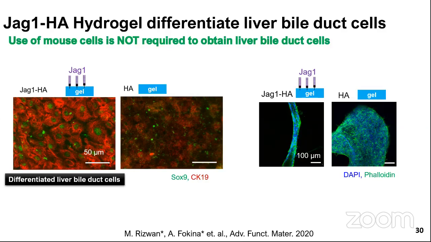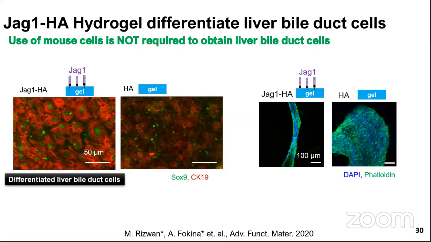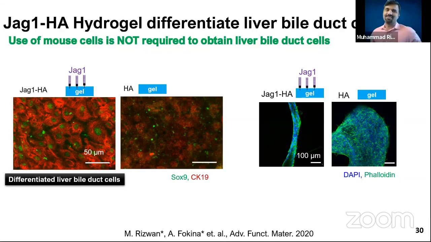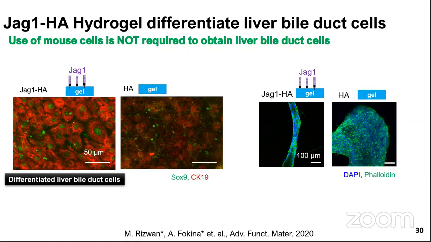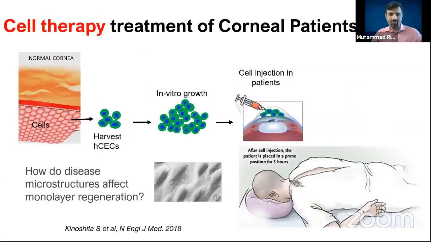But in contrast, when you try to simulate the surface of the normal and diseased cornea, the cells grow better on the smooth surface. So there is a contradiction between the cornea surface of the patient and the hydrogel. Yeah, absolutely. Great question.